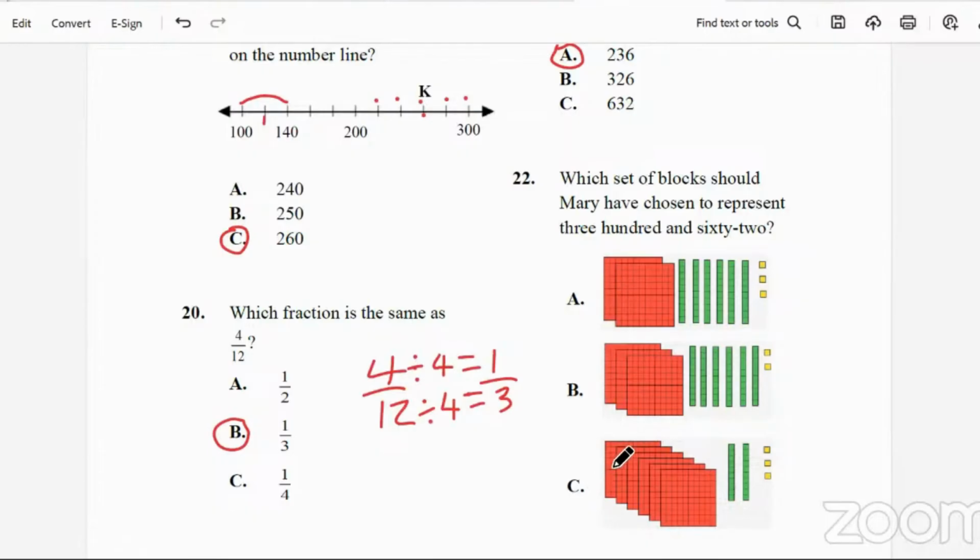Option C has 1, 2, 3, 4, 5, 6. And option B has 3. So far, B seems to be the answer. So 360. Remember, each of these is 10: 10, 20, 30, 40, 50, 60. And 62, so we need 2 single blocks over here. So B would have been the correct answer.